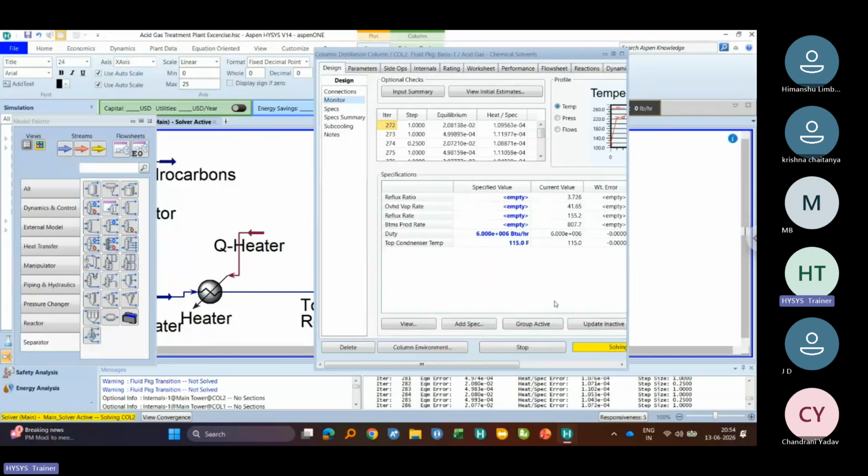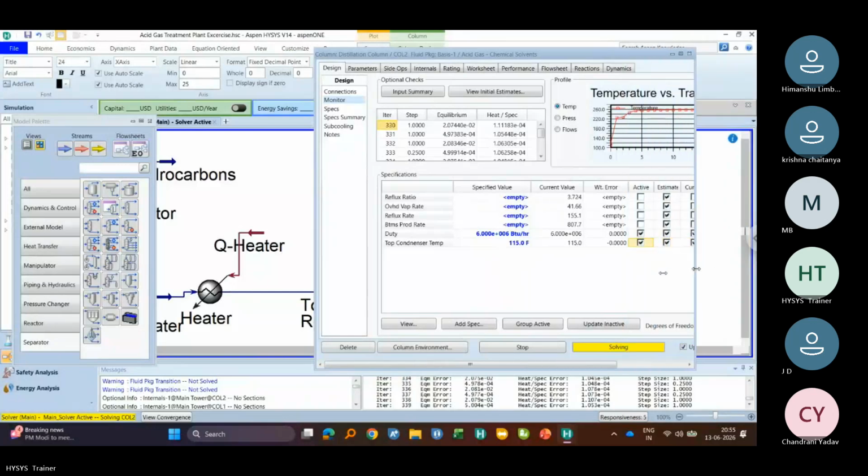Now you can see that the iteration number has gone to almost 300. Still it is not solved. While this is solving, you can see that the current values for these two, as we have given these as specifications, will not be changing. You will find that the values for the reflux rate, overhead production rate, reflux ratio, and bottoms product rate will be changing with every iteration.